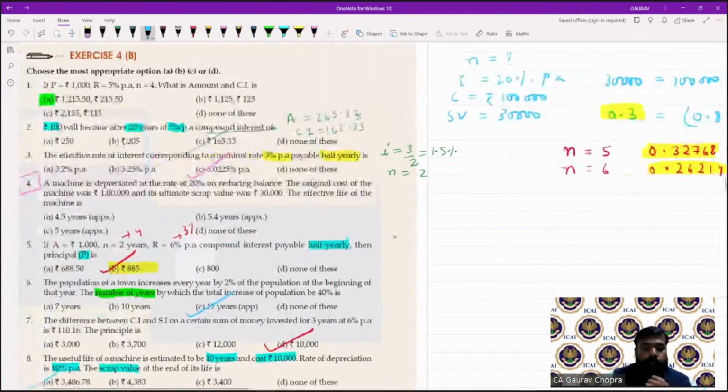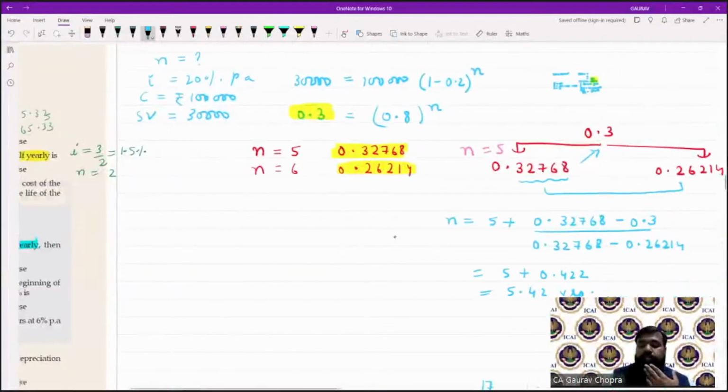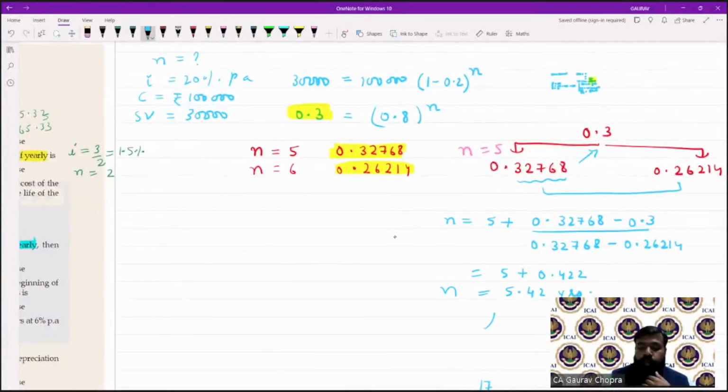So let's check the options. Option B is 5.4 years approx. Yes, so n is 5.42. B is the correct answer. So in this manner, you can solve the questions.